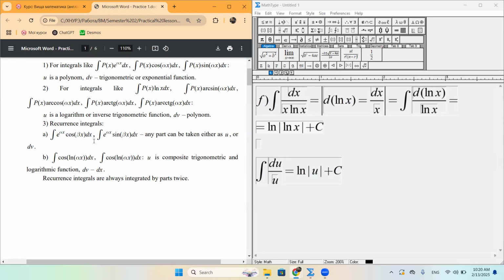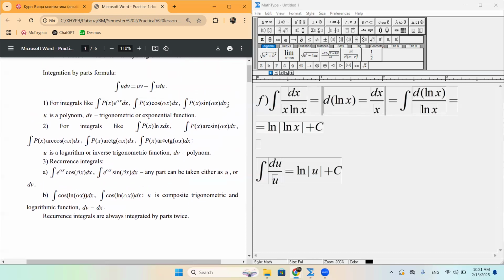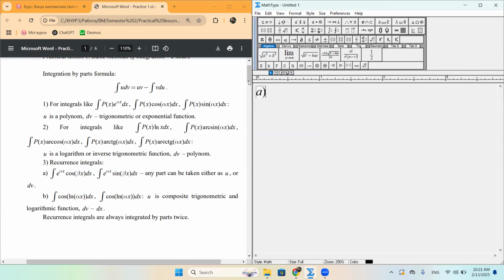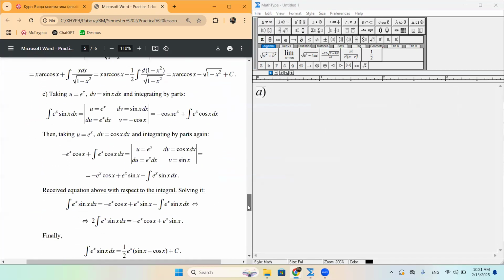For such integrals, they are called recurrence integrals. You will understand why they are called this way. So it doesn't matter which part is v and which is u. Any questions about this guide? Okay, now let's start solving exercises, and questions will appear.